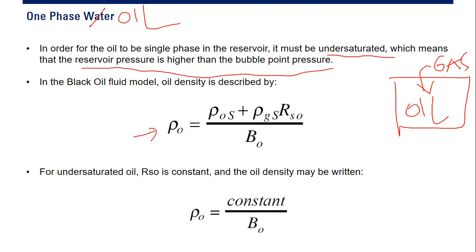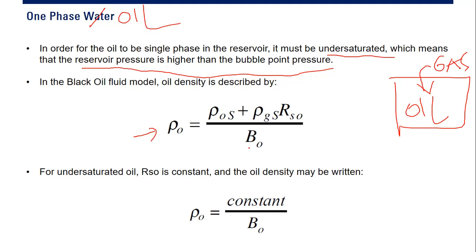So the density of oil is the density of oil at surface condition plus the gas density at surface condition multiplied by Rs, the solution gas ratio, divided by the oil formation volume factor.